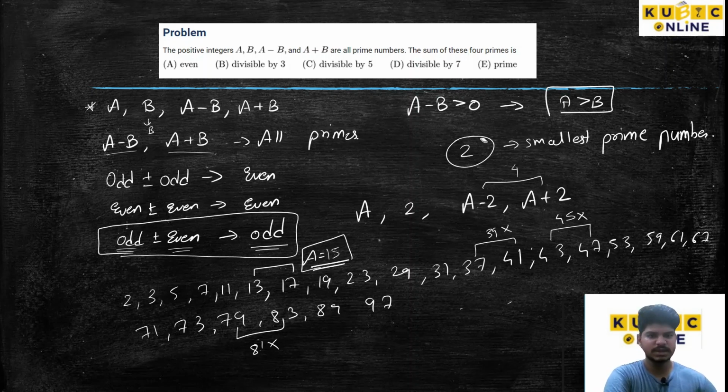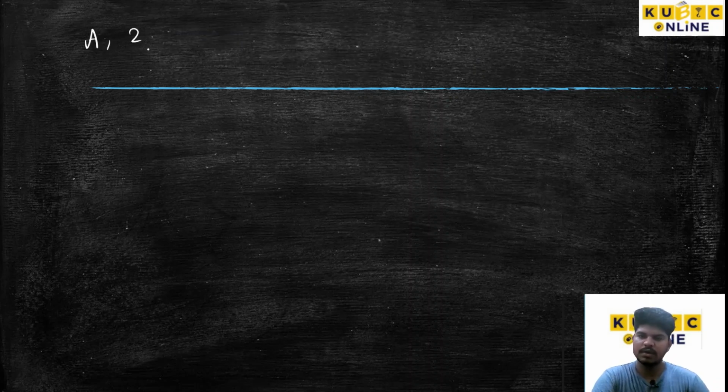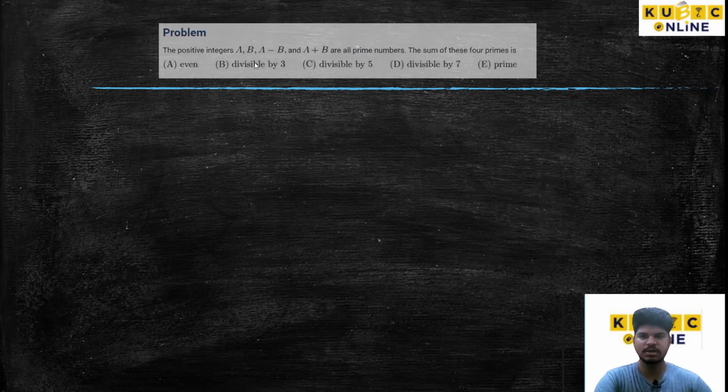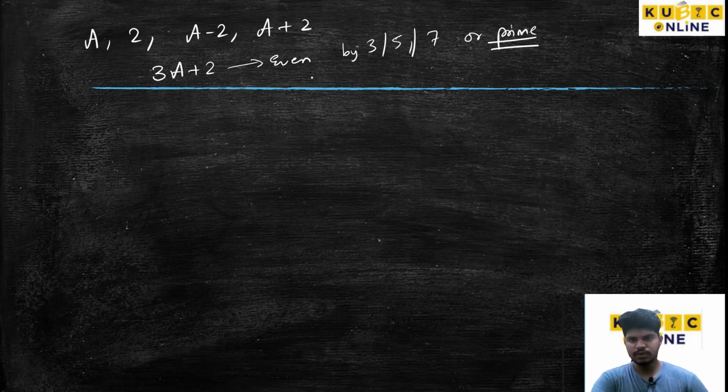Okay, now let's check. We know one of the numbers is 2, that is for sure. So we have a, 2, a minus 2 and a plus 2. Now we have to check whether 3a plus 2 is even, or divisible by 3, 5, 7, or prime. So first let's check for even. a is odd, because a is an odd prime number.